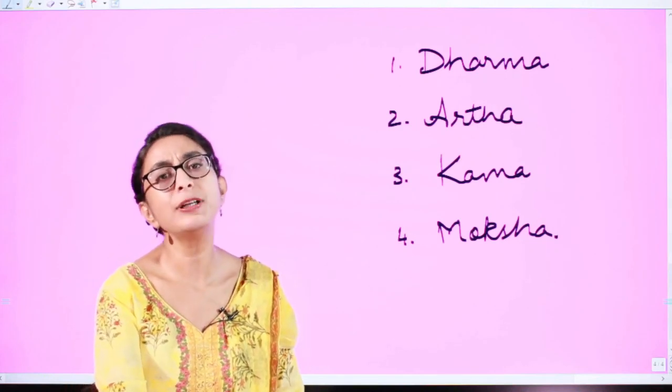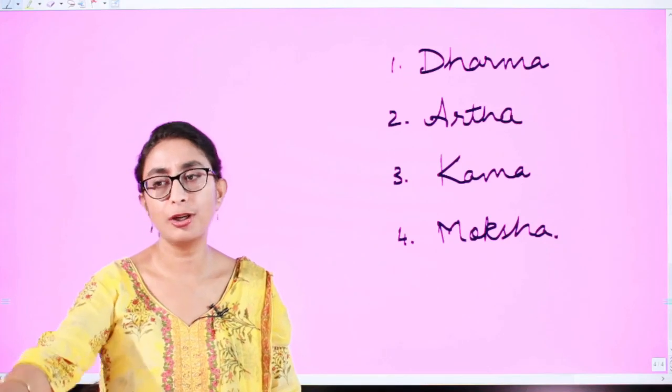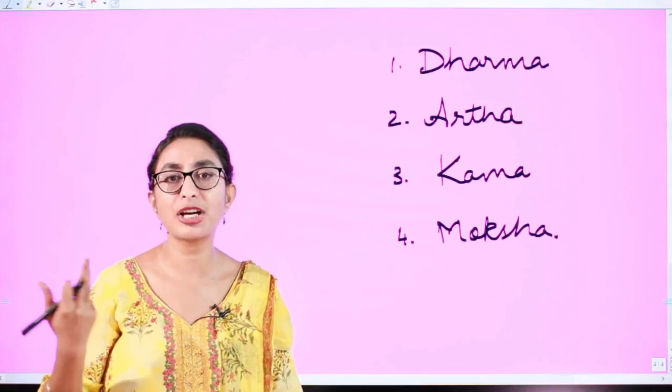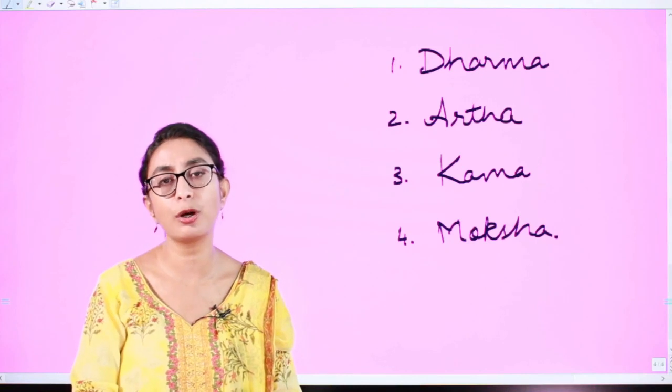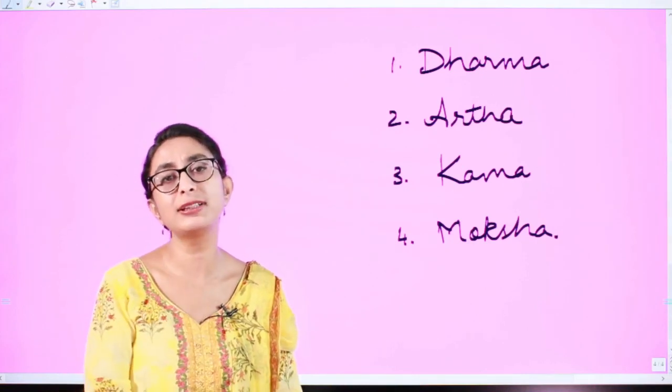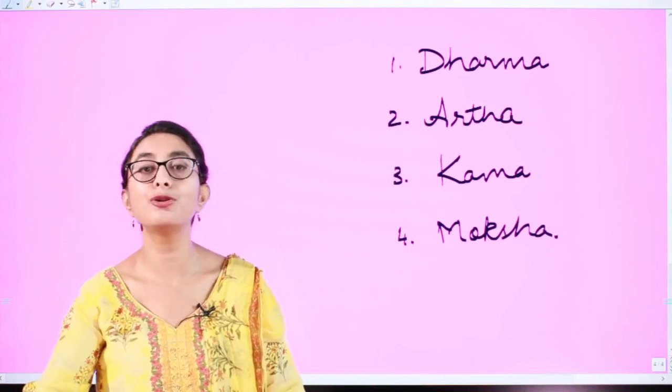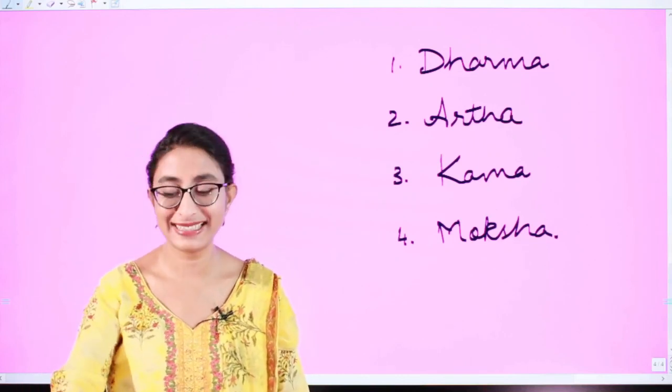So what is the purpose of this Purushartha? So next I will be telling you what is the meaning of each of these and in which ashrama stages they should be followed and so on. So what is the purpose of this Purushartha? Why is it so important that a Hindu should follow these during his lifetime? We will be discussing that now.